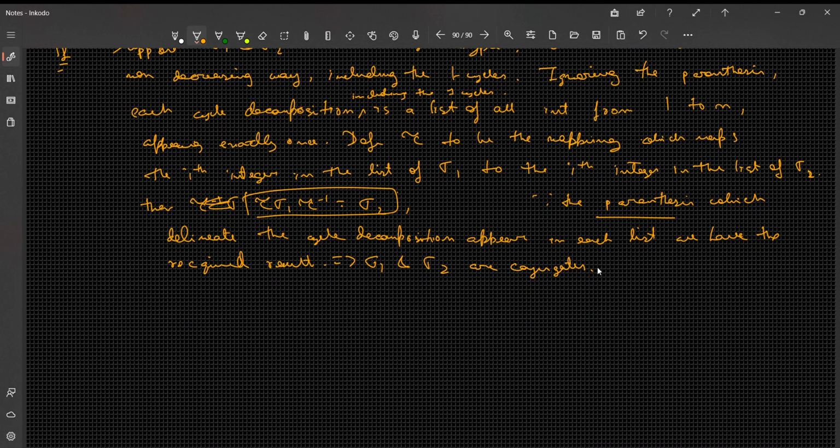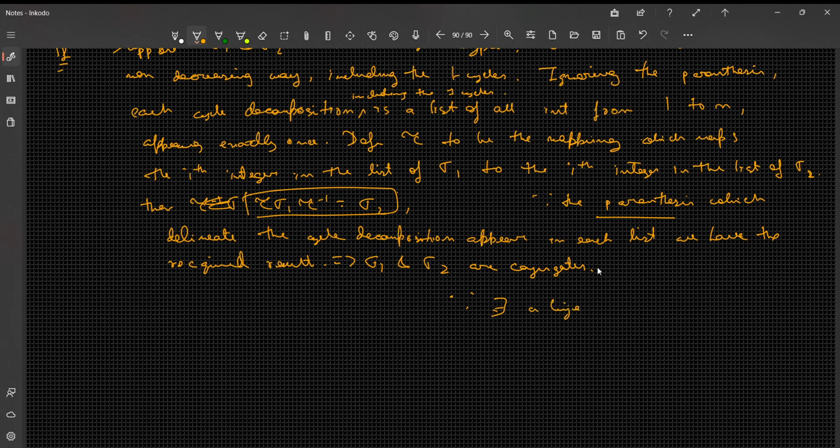Okay. Now since there exists a bijection between the conjugacy classes of Sn and the permissible cycle types, let me write it in words.